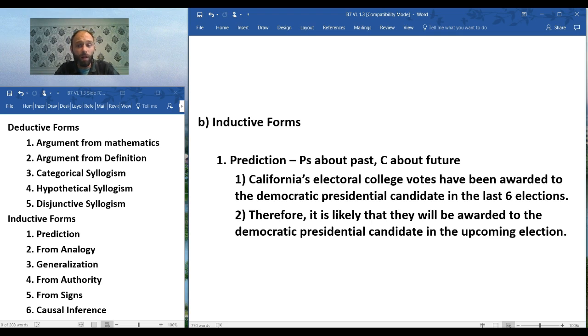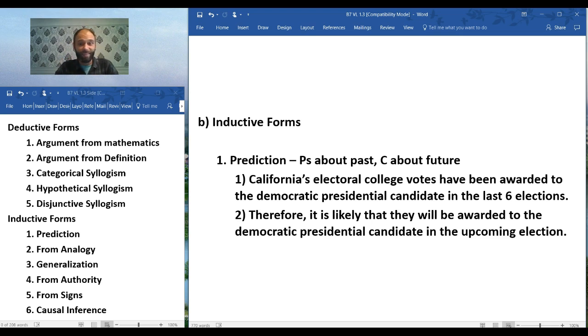California's electoral college votes have been awarded to the Democratic presidential candidate in the last 6 elections. The conclusion: therefore, it's likely that they will be awarded to the Democratic presidential candidate in the upcoming election. So given that it's happened 6 out of the last 6 times, we can conclude that it's really likely that that's how it's going to happen in the next election.